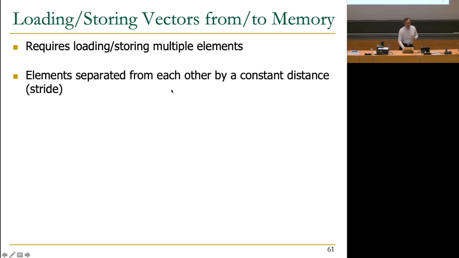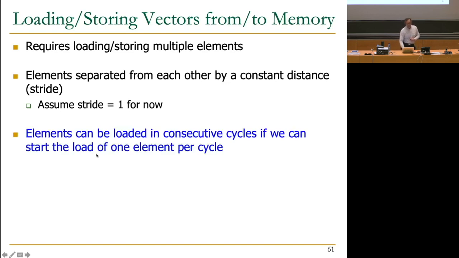So elements are separated from each other by a constant distance. We're going to assume this initially. This is called a stride. If this is not true, it's going to become a bit harder, as we will see. We're going to assume a stride of 1 for now, for simplicity. Later, I'm going to generalize this. And basically, elements can be loaded in consecutive cycles if we can start the load of 1 element per cycle.